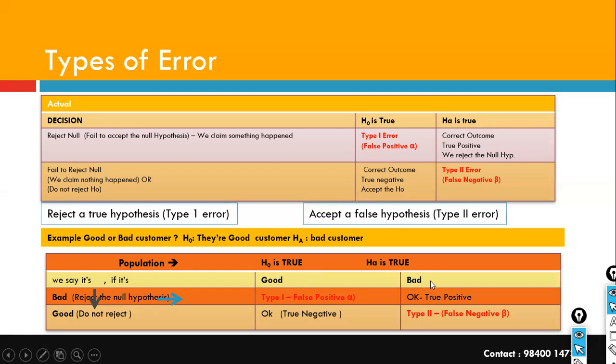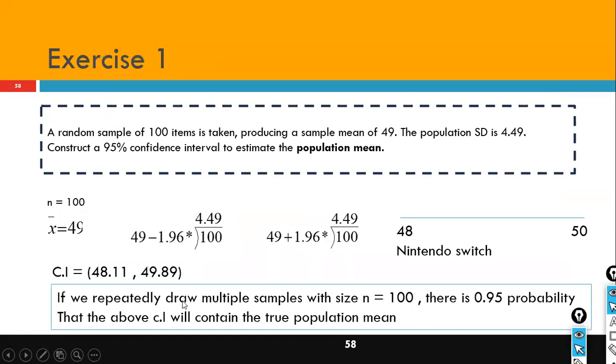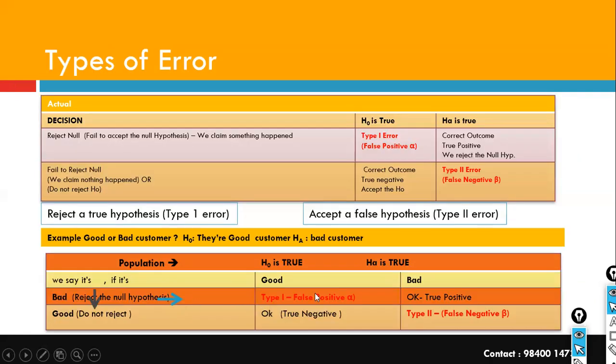And the bad one: actually, a person is bad, and we say it is bad. So that is a true positive. If a person is bad and you conclude he is bad, then it's a true positive.